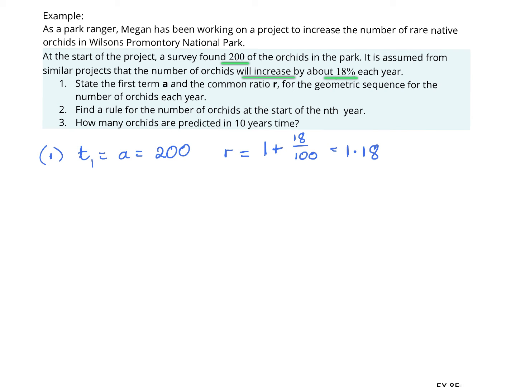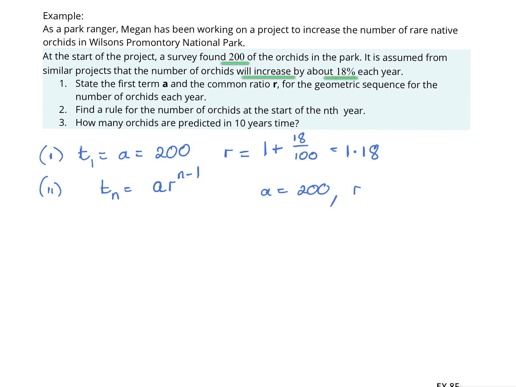So in part 2, we're just trying to come up with a generic rule because we don't know what year we're actually looking for. So find a rule for the number of orchids at the start of the nth year. Well, we do know that our rule Tn is equal to A R to the power of n minus 1. And in this case, we do know that A is 200.